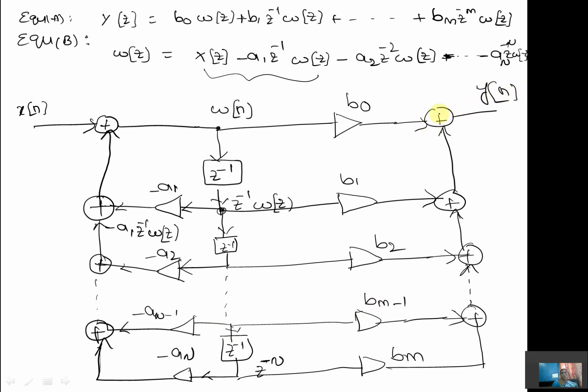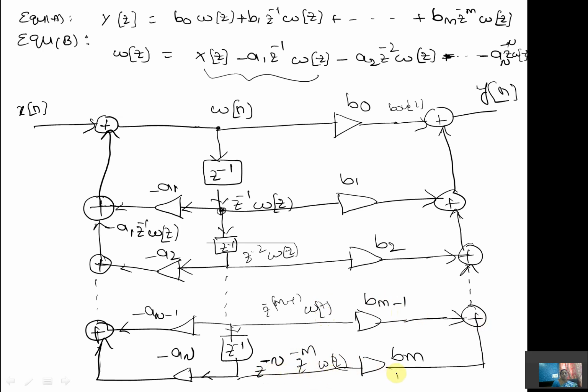See here, Y of z is nothing but b0 W of z plus b1 z inverse W of z plus b2 z power minus 2 W of z plus z power minus m minus 1 W of z into bm minus 1 plus z power minus m W of z.